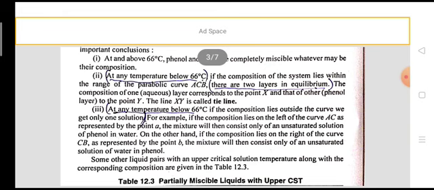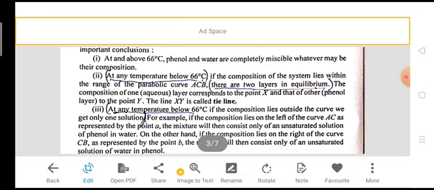Below this critical solution temperature, two situations are found: in between the parabolic curve ACB, and outside of the parabolic curve. In between the parabolic curve, the two layers are in equilibrium, and at the outside of the curve we get only one solution.